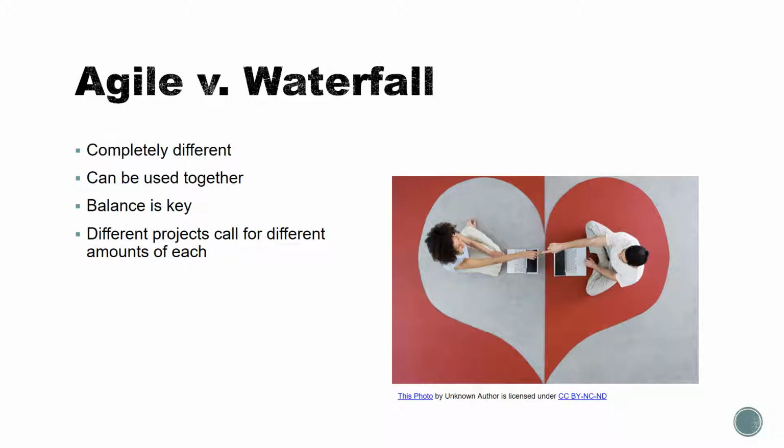So you need to assess the project and decide how much of each method you need for that specific project. Because different projects call for different amounts of Agile and different amounts of Waterfall.